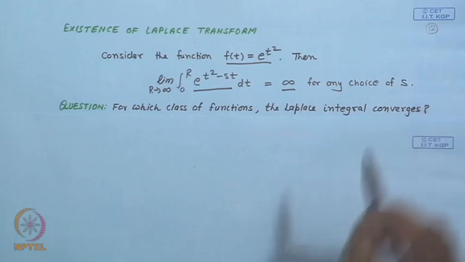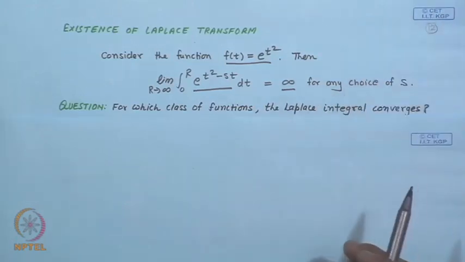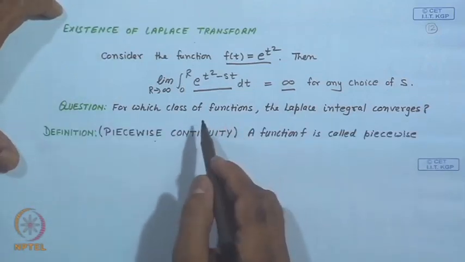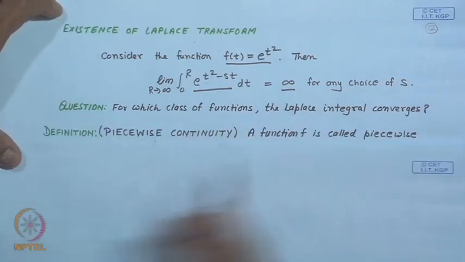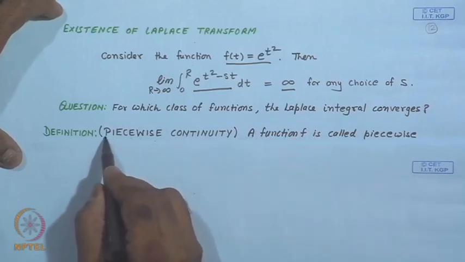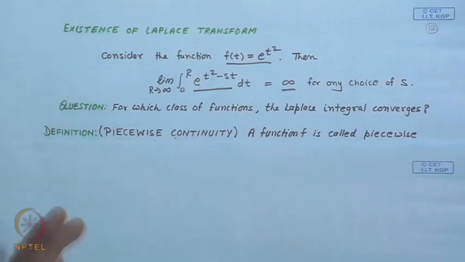And to answer this question, we have to give some definitions, and the first one is piecewise continuity. So, what is piecewise continuity? As by the name, it is piecewise continuity. The functions are not continuous, but they are continuous in pieces.